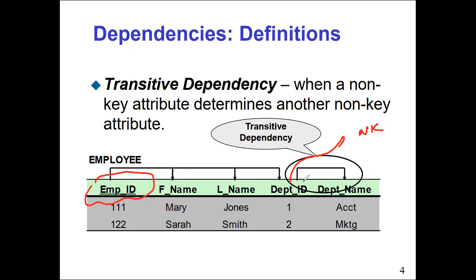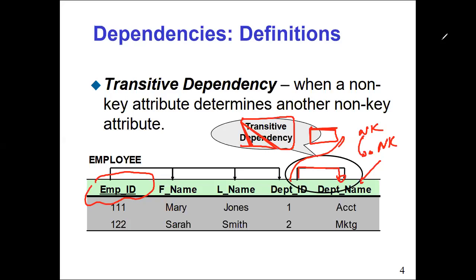It is a non key. Again, department name is a non key. So now you can see this arrow. One non key is depending on another non key. So clearly we can say that is transitive dependency.